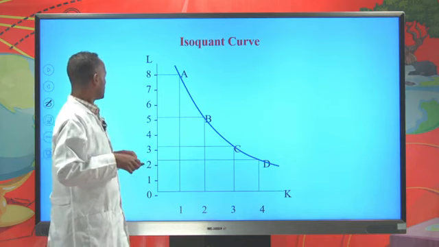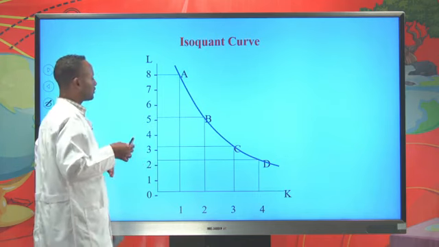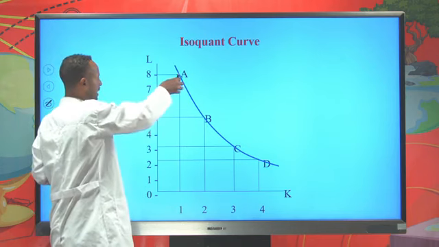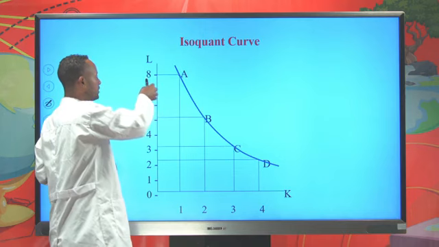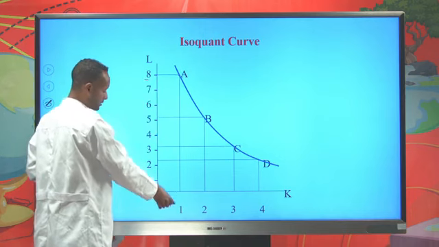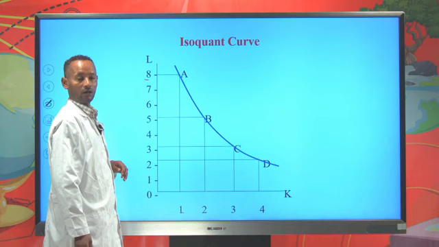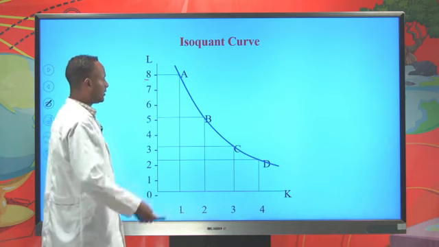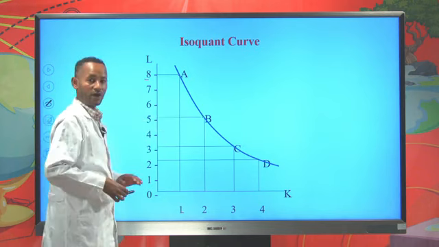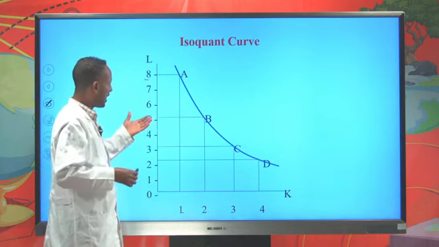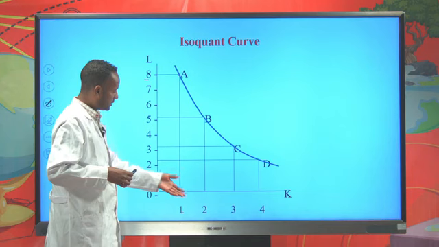From this isoquant curve, at combination A, the farmer gets 60 quintal of wheat from a combination of 8 labor and 1 capital or tractor. Again, at combination B, the farmer gets 60 quintal of wheat with the combination of 5 labor and 2 tractors.